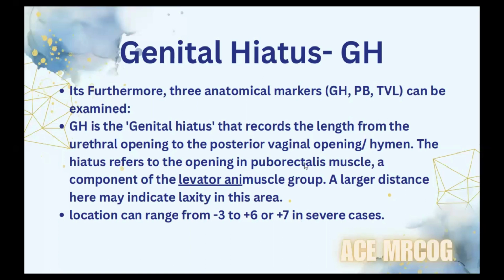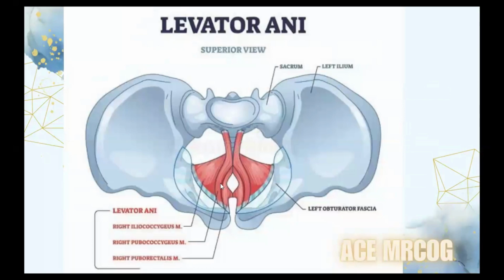This is not that important for you, but the most important thing is that if we look at the puborectalis and at this portion, we have to see these two portions. This is basically the perineal body, and this is basically the genital hiatus. Whenever the distances increase, this will mean that there is some laxity.